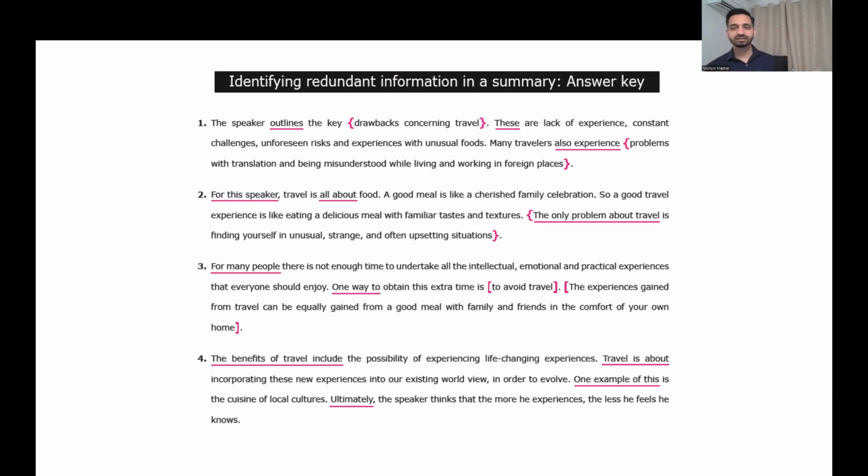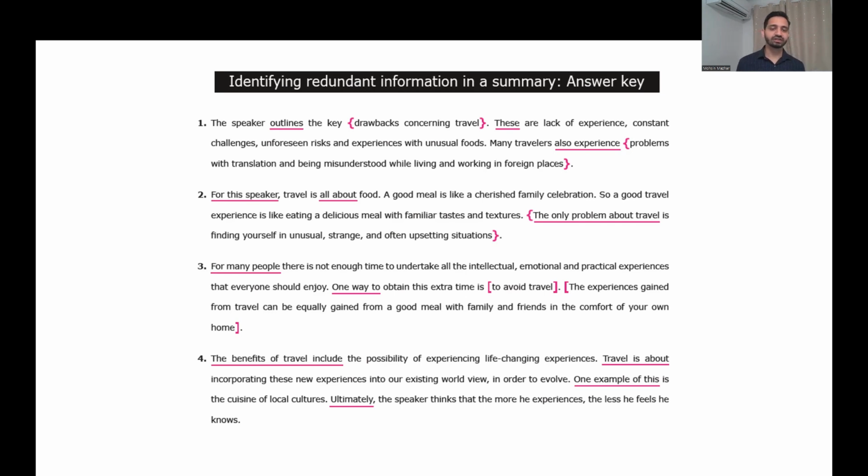Let's look at the last one. Does it summarize the transcript correctly? Let's look at number 4. The benefits of travel include the possibility of experiencing life-changing experiences. So the speaker is talking about the benefits, right? And the first sentence is all about that, giving you the main topic.